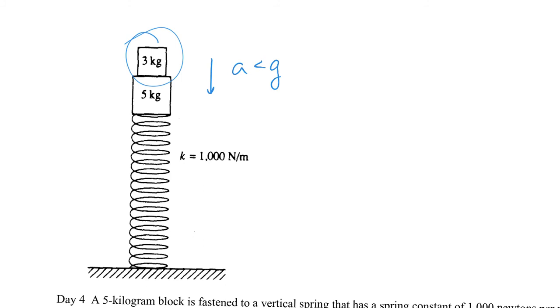It's not attached. So if this one accelerates faster than g, and this one can only accelerate at g, they'll separate. So your downwards acceleration, the a max downwards, has to be less than g. That should help you with that question.